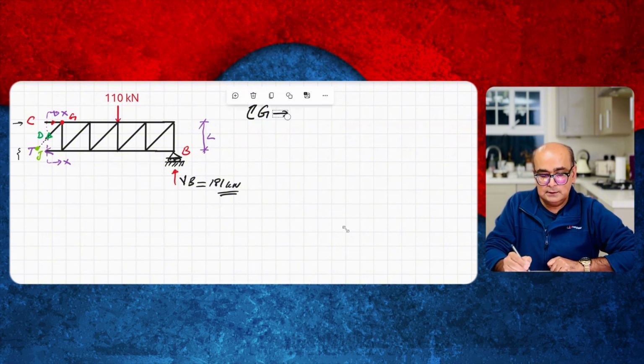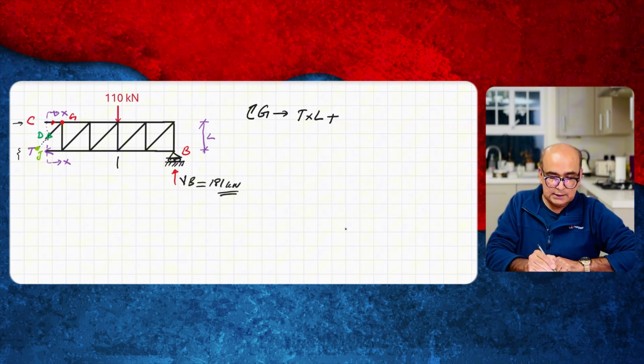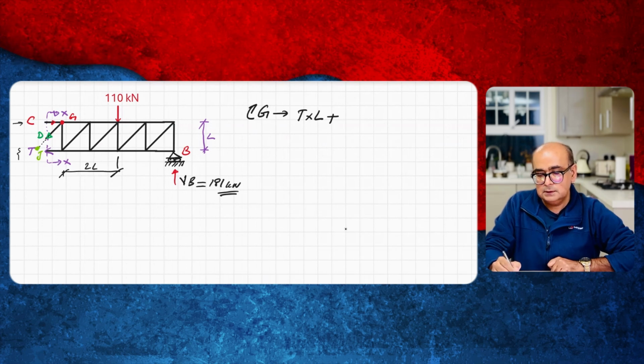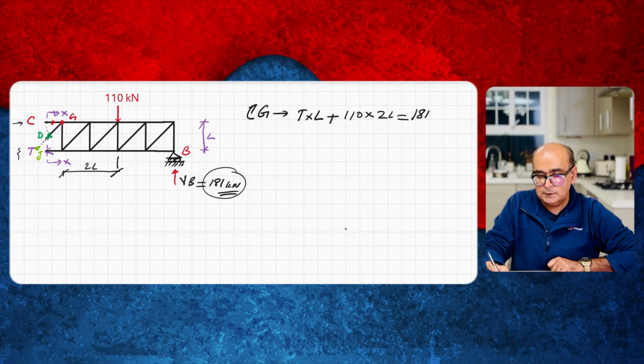So here, taking moment at G, I will have T times L. Then I will have this 110, the distance between these 2 points is 2L. So 110 times 2L. This is equal to the reaction, that is 181, times the lever arm.